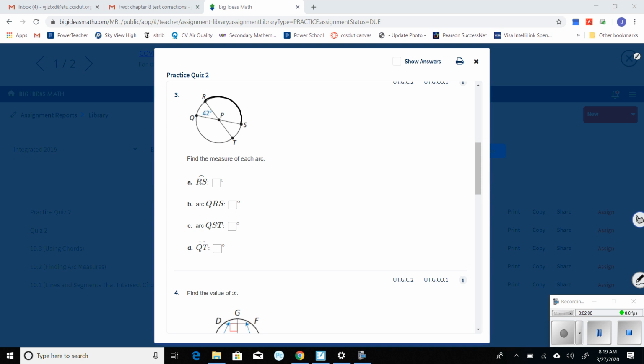If this is 42, we know this is 42. Well, let's do this. These two have to add up to be 180. They're supplementary. So if I go 180 minus 42, that's what, 138? So that angle right there is 138. That's a central angle, so the arc is equal to the same measure. So it would be 138.